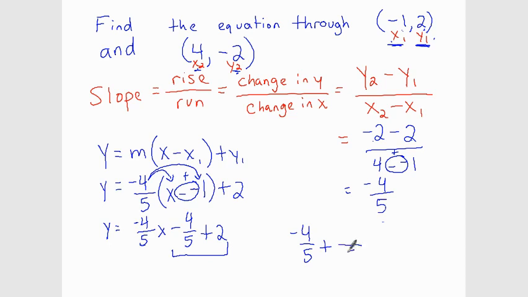So we want something out of 5. Well, something divided by 5 gives me 2. That would be 10. I can think of this also as 2 over 1. Multiply this by 5. Multiply this by 5. You get 10 over 5. So -4 plus 10 is 6, and 5 is our denominator. And so we write out our final answer, y equals -4/5 x plus 6 over 5.